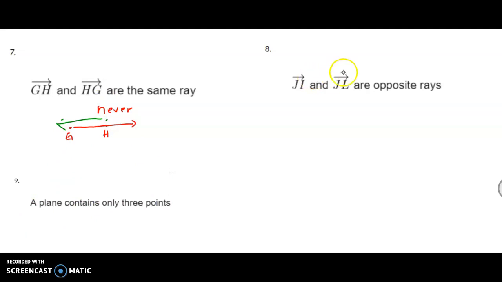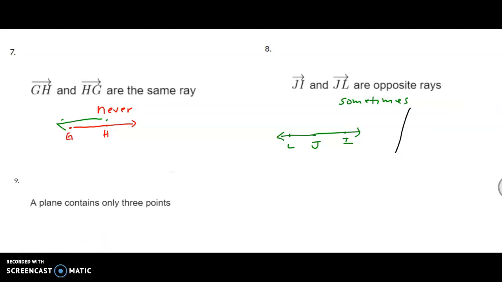For number 8, JI and JL are opposite rays. That is sometimes, okay? Because JI could be like this, and JL could be like this, right? That's one option. But what if you had something like this? The mouse isn't working.